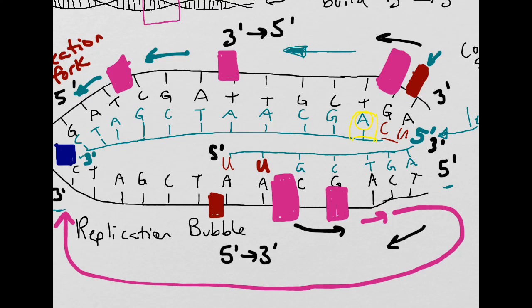Okay, so let's draw another primer in here. Let's put another primer right here. There's our primase. He's going to add a primer, like that. Okay. So then polymerase says, okay, I can come back here. I found a primer.